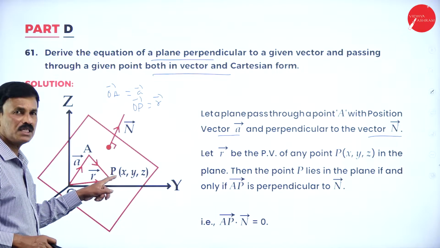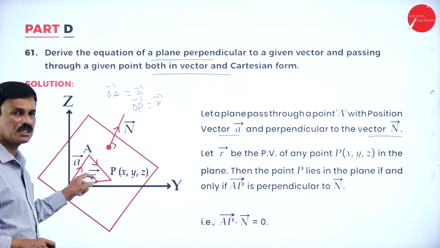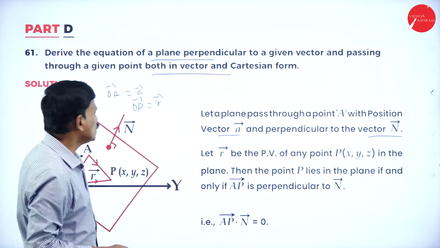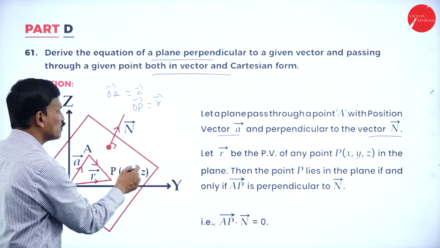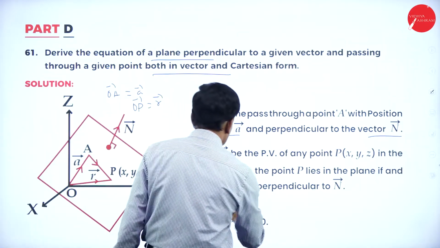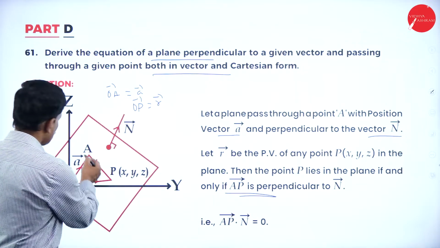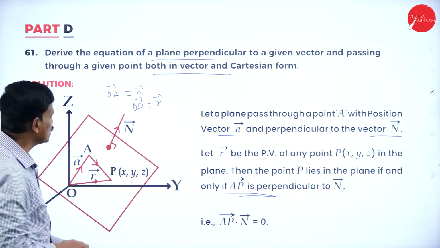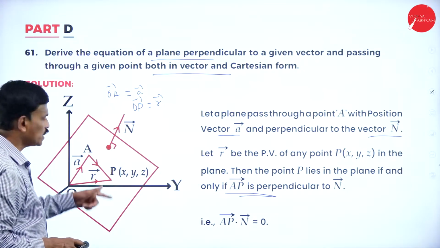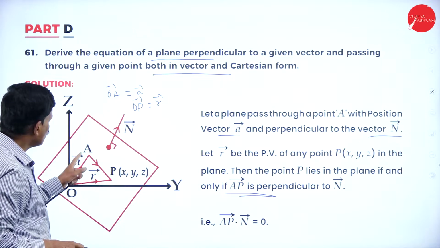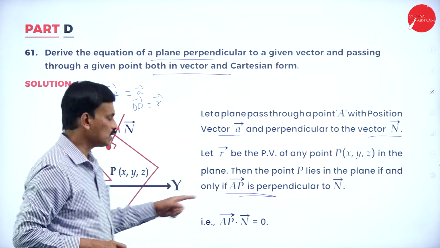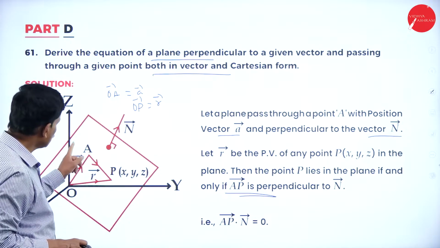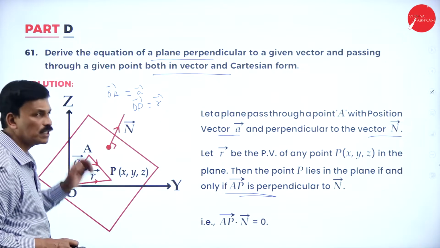Let P x, y, z be any point on the plane whose position vector is vector OP is equal to vector R. Now then the point P lies on this plane if and only if AP, if you join AP, is perpendicular to the vector n. See here, now join OA, OP and AP, then the point P lies on the plane if and only if the vector AP is perpendicular to n.